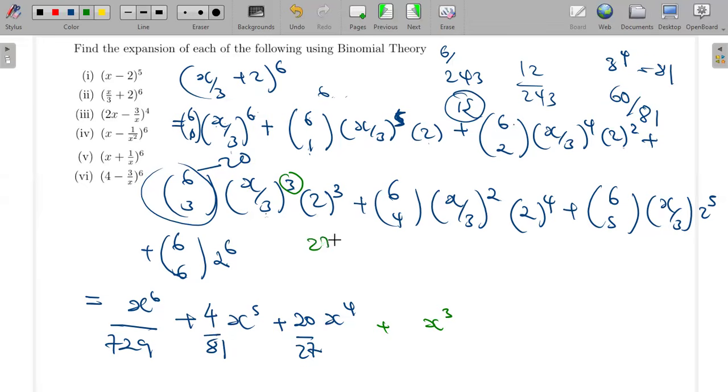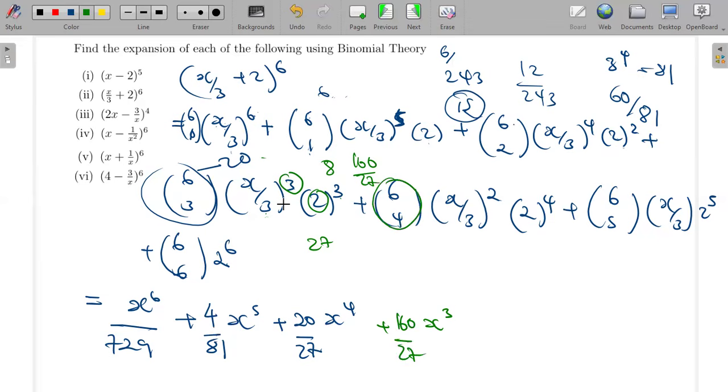And then I say 2 to the power 3, that's 8. 8 multiplied by 20, you get 160. So 160 over 27. Can we reduce that one further? No, so I just write it as 160 over 27.